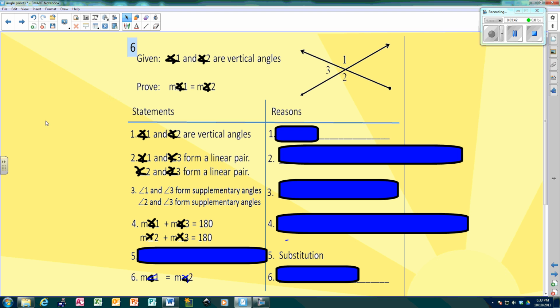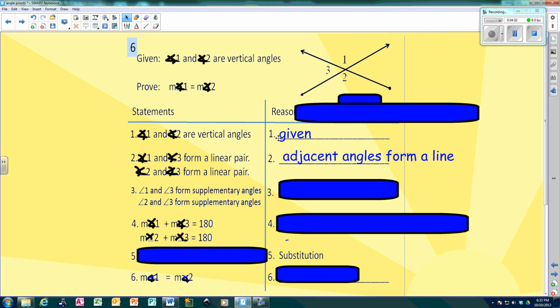All right. This one is a complete one from start to finish, 6 steps. So the first thing we start out with is angle 1 and angle 2 are vertical angles. Given. Angle 1 and angle 3 form a linear pair. Angle 2 and angle 3 form a linear pair because adjacent angles form a line.